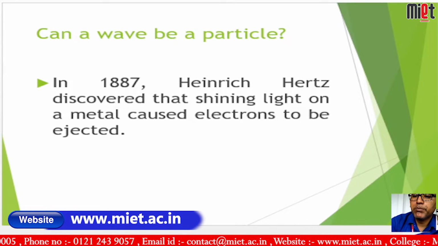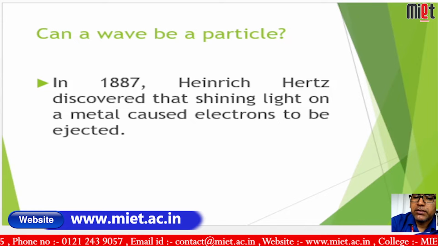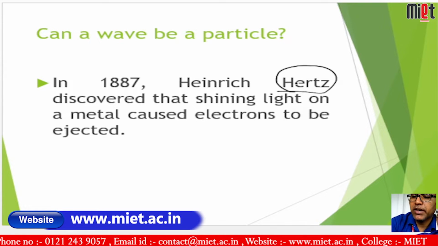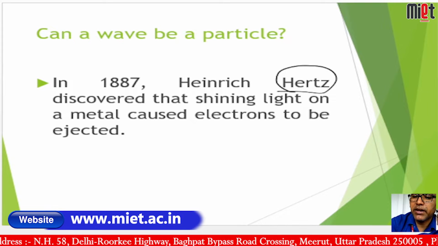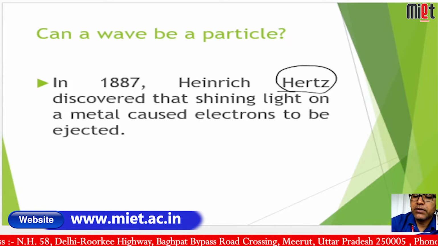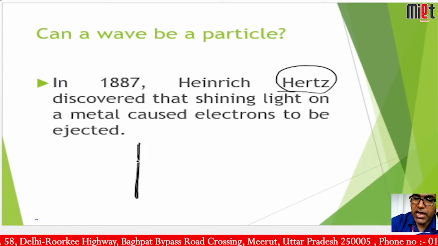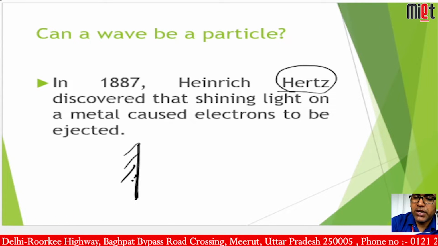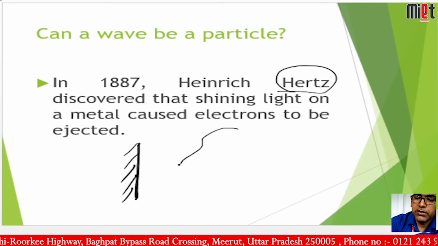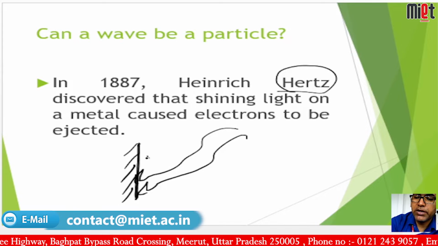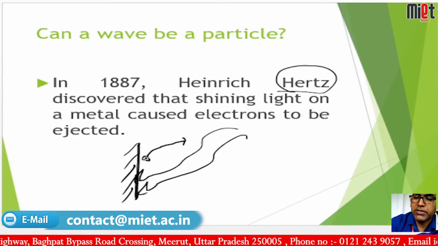Can a wave be a particle? In 1887, Heinrich Hertz discovered that when sunlight was incident upon a metal, it ejected electrons. When he did his experiment, he used sunlight incident on a metal surface, and he found that electrons were ejected out of the metallic surface.